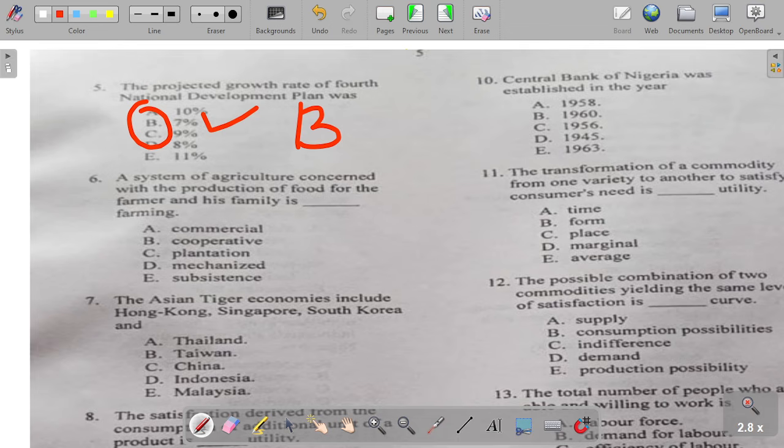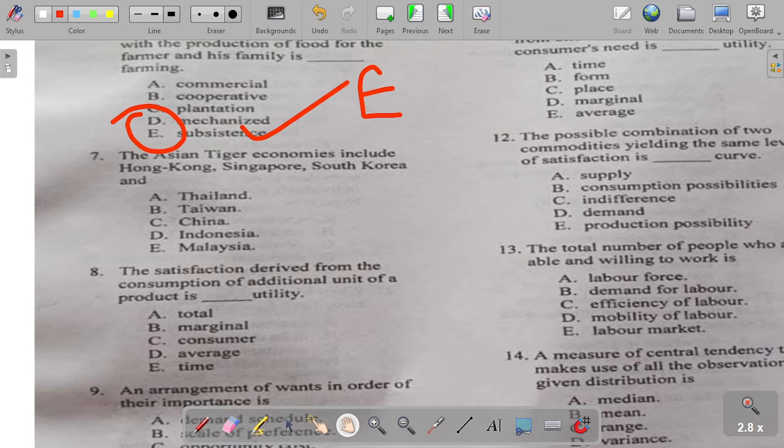Number 6, it said a system of agriculture concerned with the production of goods for the farmer and his family. That is subsistence farming. If you are used to agriculture, that is the first topic you learn in agriculture in SSA, subsistence farming. Commercial farming is when you want to produce it for export or sell in the large market.